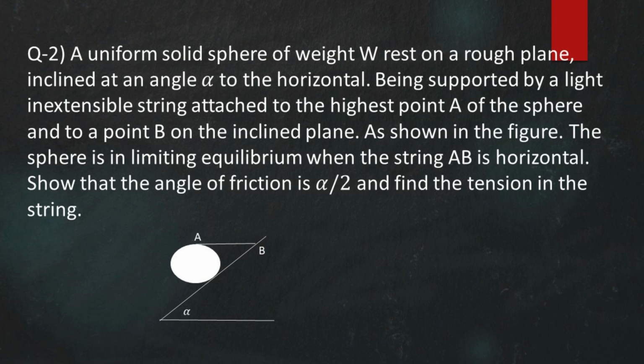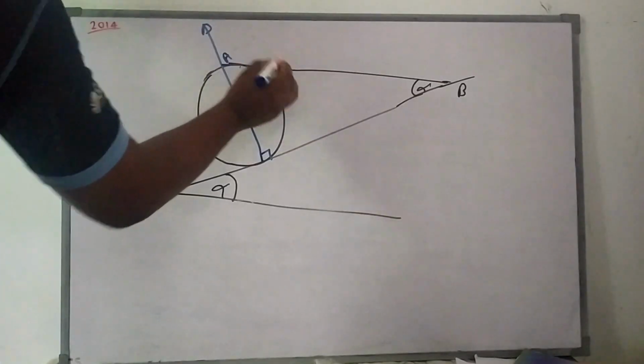So the diagram was given, but we have to include all tensions, weights and the reactions in the diagram, right? So we'll see how to do this. Okay, so first of all I draw the diagram they have given. So this is my reaction, this is the point of the center, right?